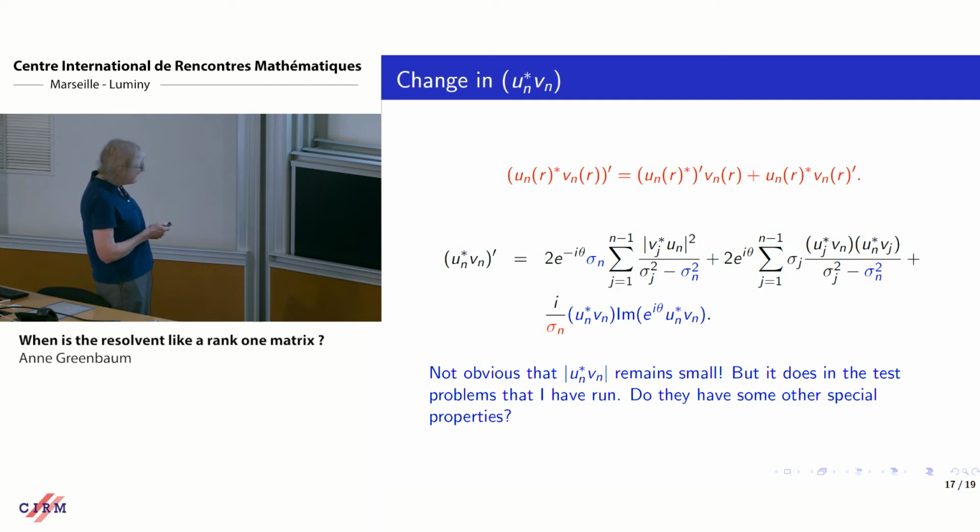But I can't prove that. So it's not obvious from differentiating that un star vn remains small. It does in the test problems, but that means they must have some other special properties that I haven't taken into account.